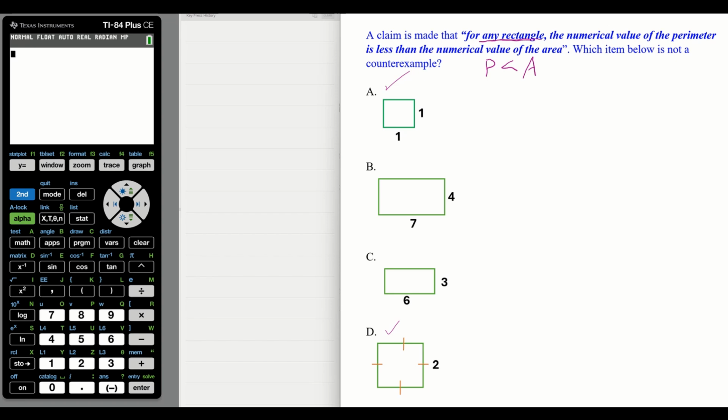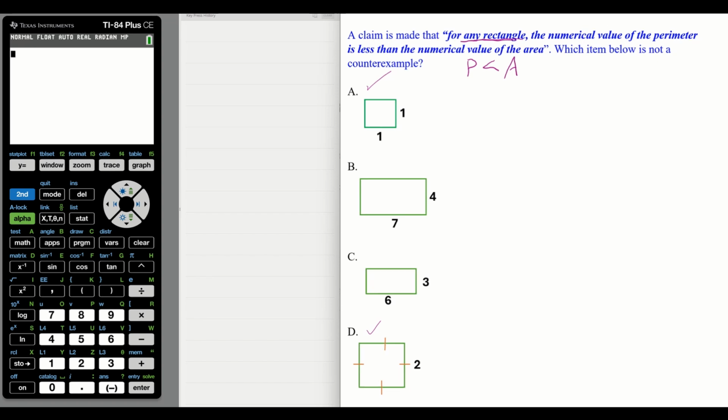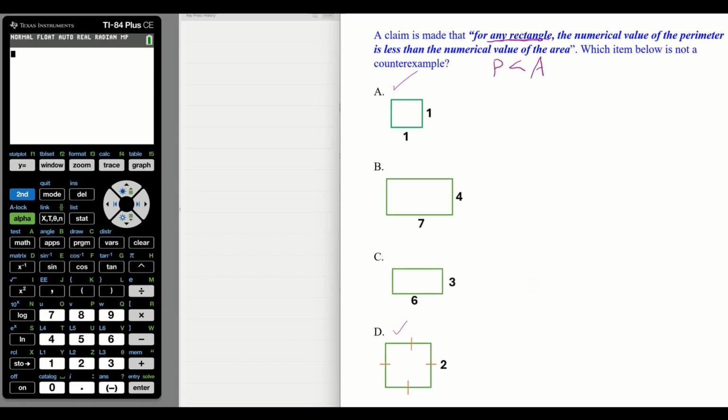Let's move on. For the first one, we have P equals 4 and A equals 1, and it says not, so we mark it out.